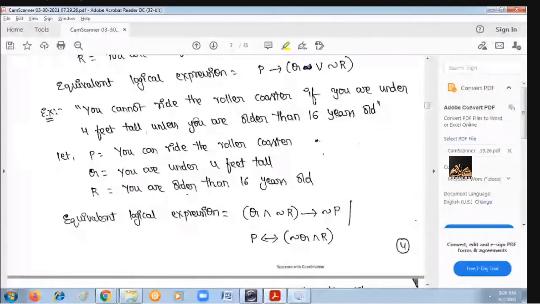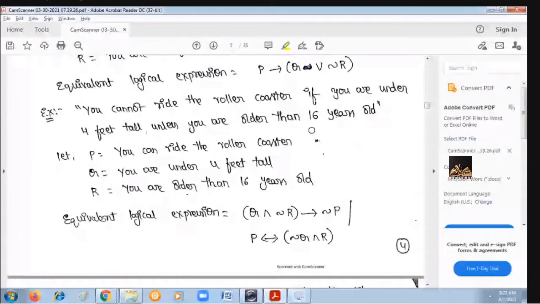What is this statement? You cannot ride the roller coaster if you are under 4 feet tall unless you are older than 16 years old. That means if your height is less than 4 feet and your age is less than 16 years, then you cannot ride the roller coaster.